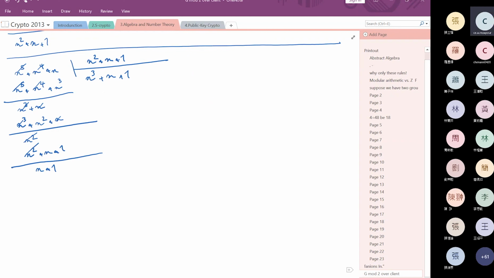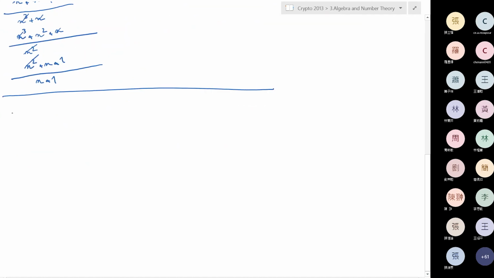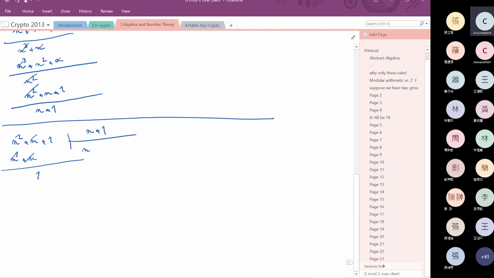I do one last one: x2 plus x plus 1 divided by x plus 1. So I just apply x and I get x2 plus x. This whole thing gets canceled and the remainder is 1. All right, looks like we're done.